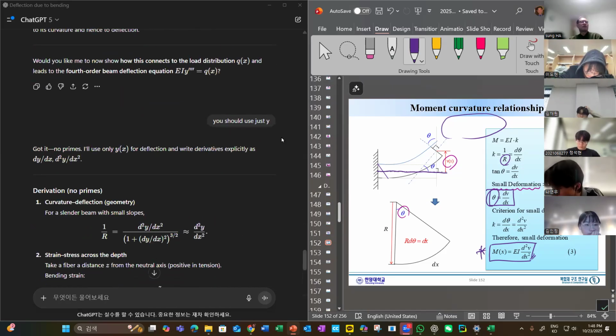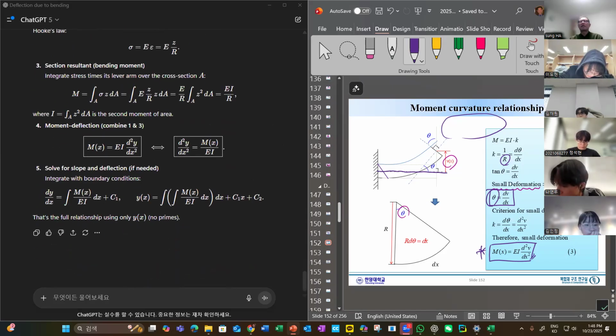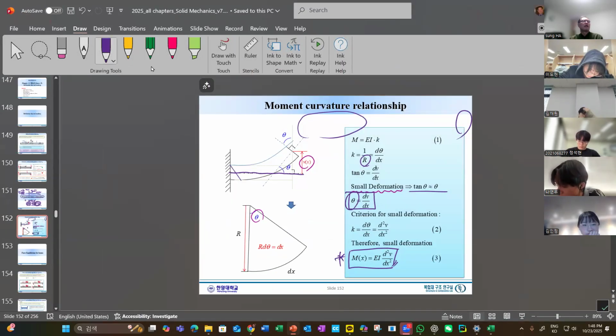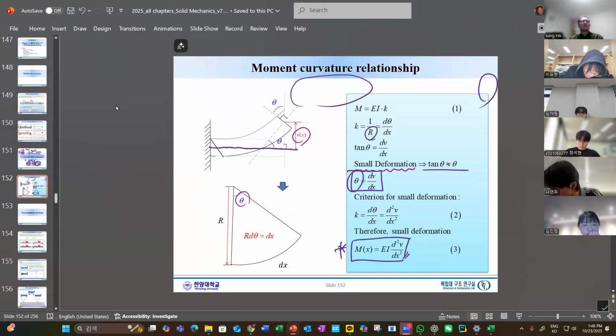And then we will do a next step. Let's get back to our slide. What I'm trying to share with you is that the equation or concept you are following is very common derivations and procedure in beam theory.